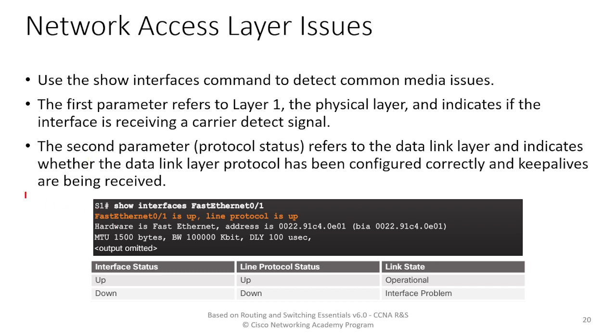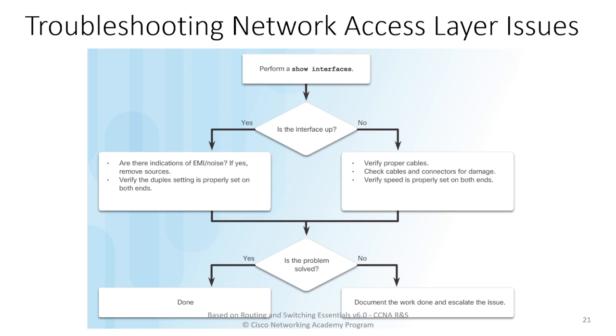The most likely scenario is we will go through the configuration interface and see if there are any issues. So this is a basic troubleshooting step when it comes to access layer networks.